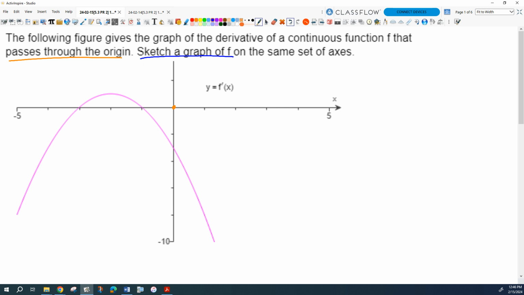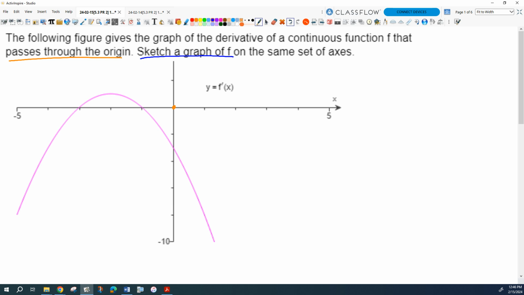Well, then it's got to go through that point. Where are the zeros of the derivative? -1 and -3. So those have to be places where we have horizontal tangents, because those are places where the derivative is equal to 0, right?